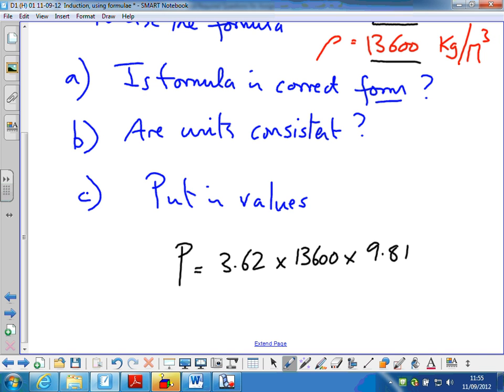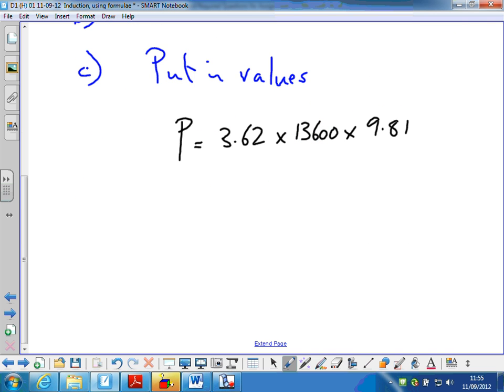I've not quite written it in the way the formula is. It's h rho g, but when you're multiplying, it doesn't matter what order. So that's the same. I put the numbers in, and then I get my calculator out, and I write the answer down.